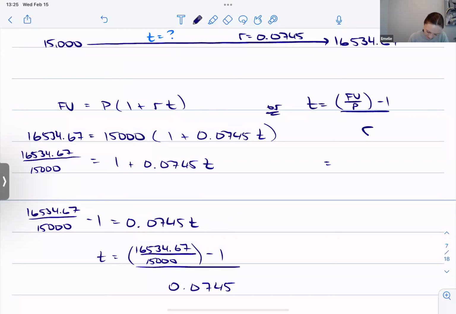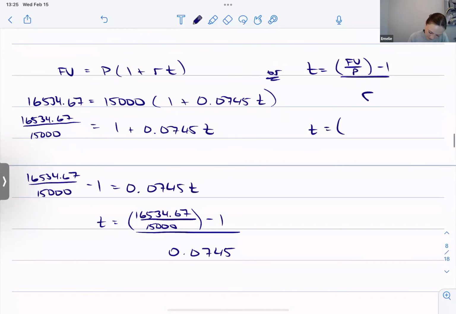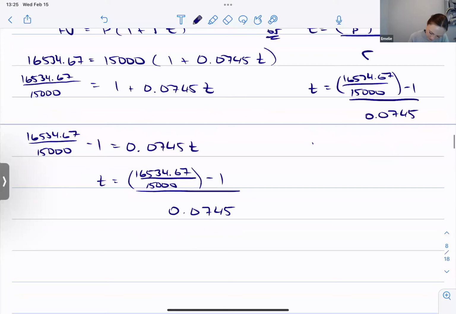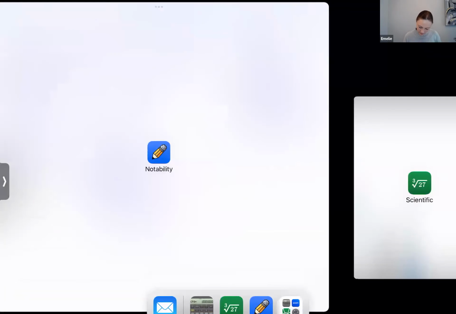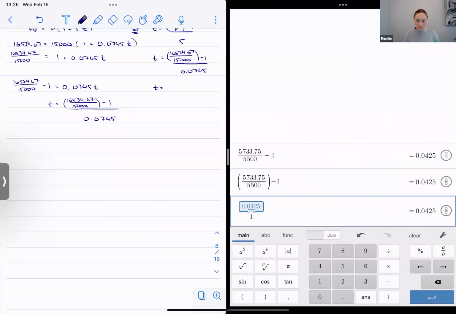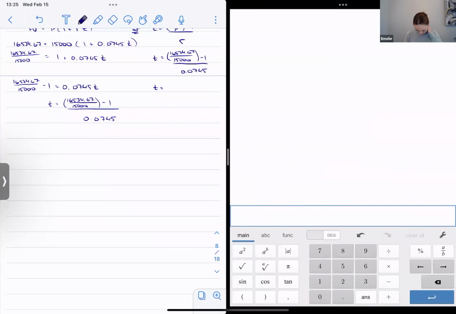So now t, if I just plug these values in, 16,534.67 divided by 15,000 minus 1 divided by 0.0745. Doesn't matter, the calculation stays the same. So I'm going to clear this. And as long as I use my brackets very carefully, then I'm okay. I anticipate needing brackets around the entire numerator.